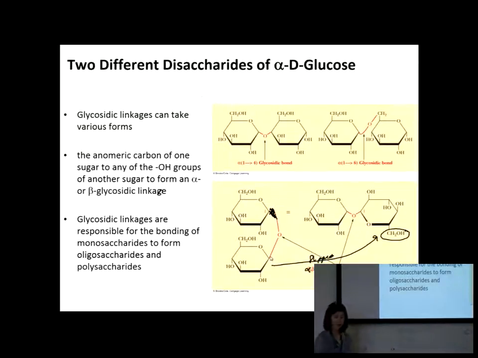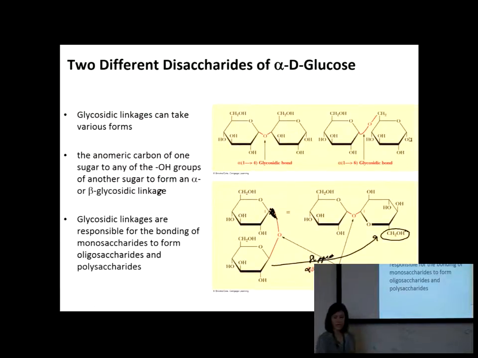For the beta, it always has to be on the anomeric carbon. But the anomeric carbon doesn't have to be the first carbon. Like I showed here, the anomeric carbon doesn't have to be the first carbon. If it's a ketose, then it's going to be the second carbon. But that means the first carbon is going to be dangling off. I haven't really shown that example in my slides. I just want to caution you.